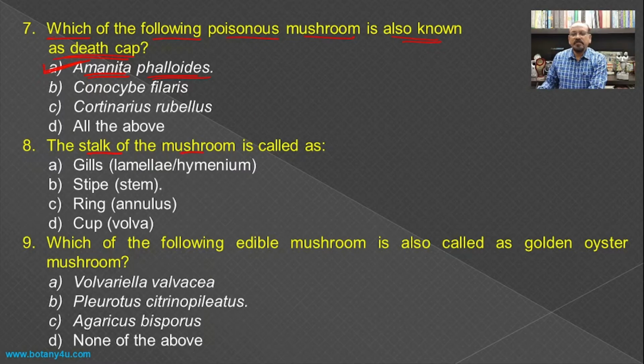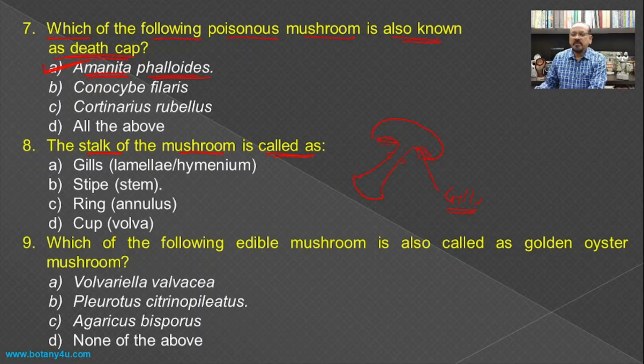This stalk of the mushroom is called as? If you see the structure of the mushroom, then you will find such a type of structure. So here there is a presence of stalk, fruiting body, and such type of gills. So this is the part of the gills.